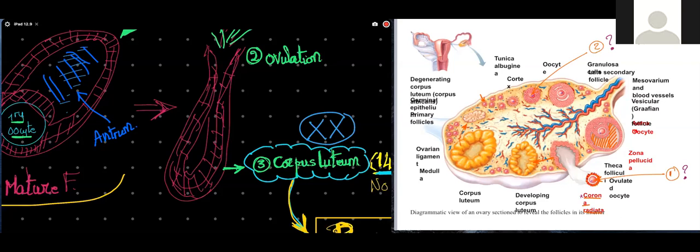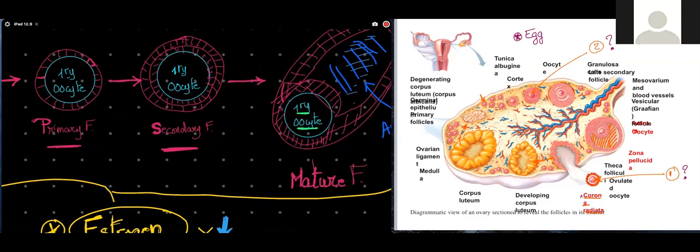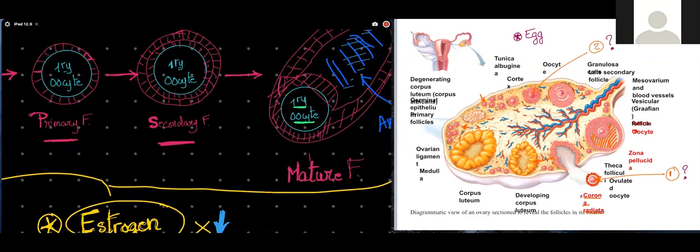I'm asking about the type of egg. What egg did you have inside those follicles? Primary oocyte. So number 2 is a primary oocyte.